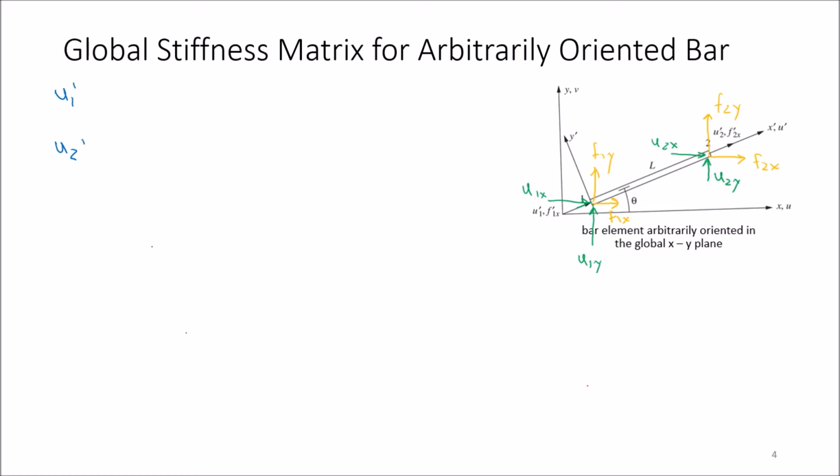I'm going to insert here a v1 prime and a v2 prime. And I'm going to relate this local nodal displacement to the global nodal displacements u1, v1, u2, v2. And we clearly know that this v1 prime and v2 prime are zeros.